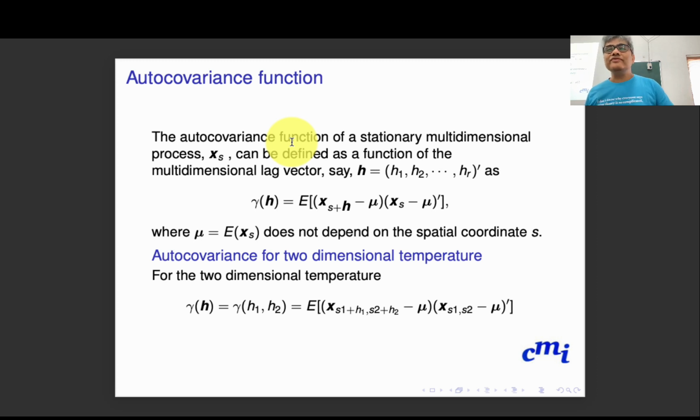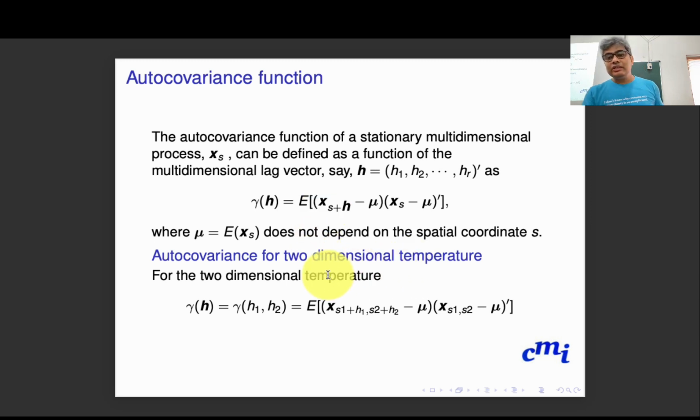So the autocovariance function now becomes an autocovariance matrix function effectively. Remember that for each H you have a matrix. You don't have one particular value, but you have a matrix. So this autocovariance matrix function of H, you can write in this way as usual, just instead of vectors, these are all now matrices.